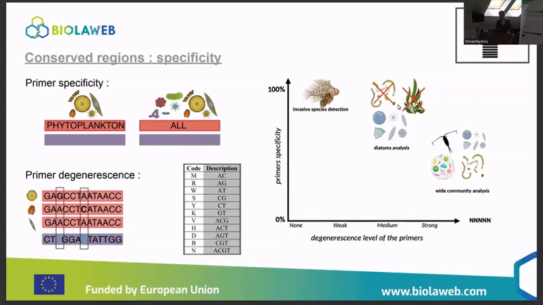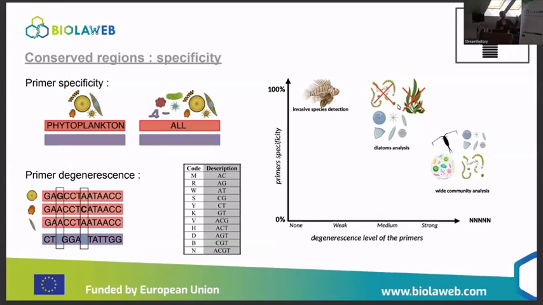And when it comes to investigating very large groups, you can also use what is called the degeneracy level of the primers. That is, you will surely have slight variations in the conserved regions for a very large group.